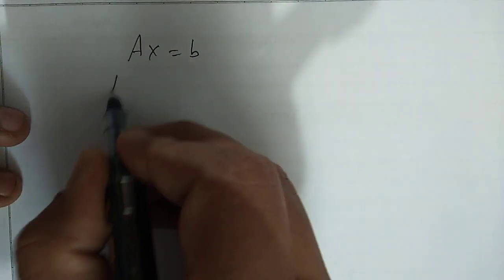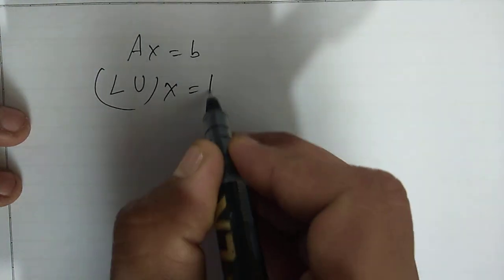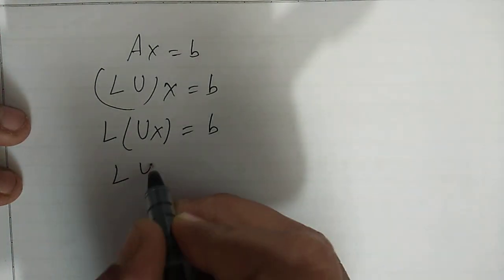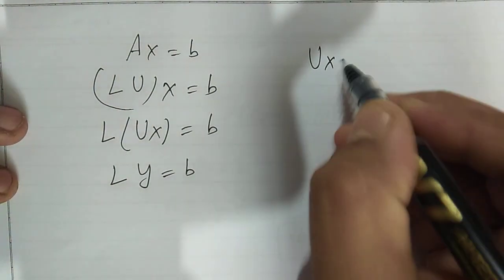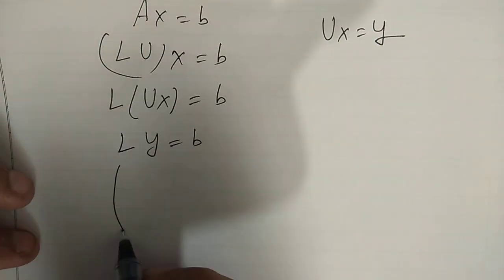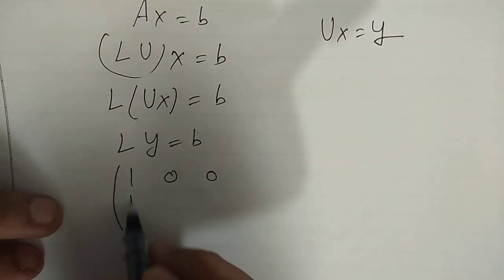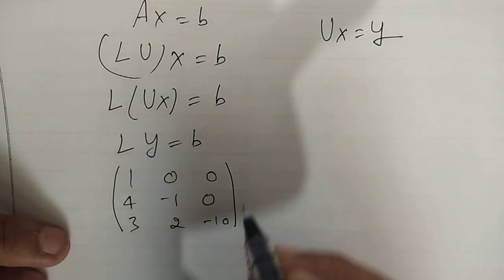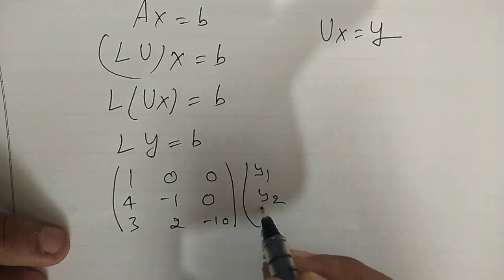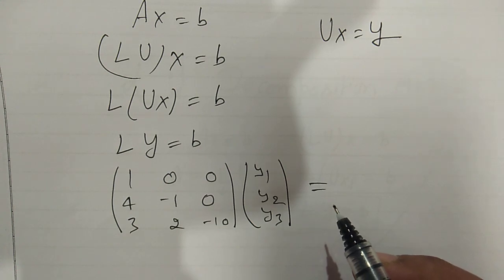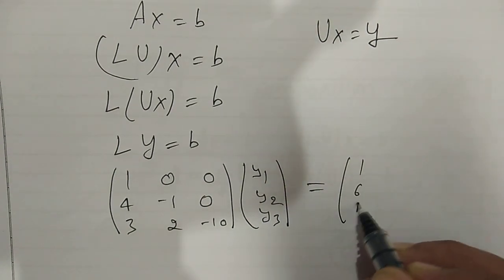Let us see how we solve using these L and U matrices. Now the AX equal to B system reduces to LUX equal to B, so LY equal to B, where UX equal to Y. L is [1, 0, 0; 4, -1, 0; 3, 2, -10], Y1, Y2, Y3, and B is 1, 6, 4.